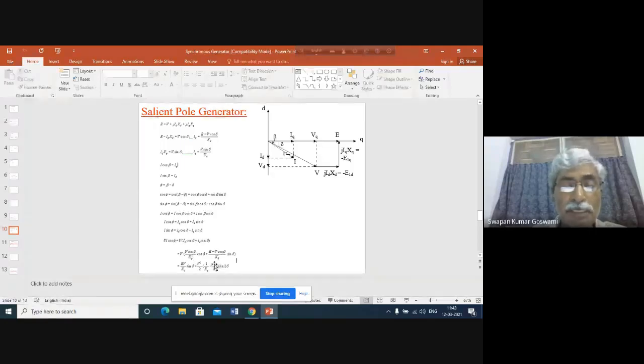That's why V square has been divided by 2, so that we can multiply here by 2, and we can write 2 cosine delta sine delta as sine 2 delta. So VI cosine phi is the active power P delivered by the salient pole generator. And how much is that? It is EV by XD sine delta plus V square by 2 times 1 upon XQ minus 1 upon XD sine 2 delta. This is the expression for the active power.